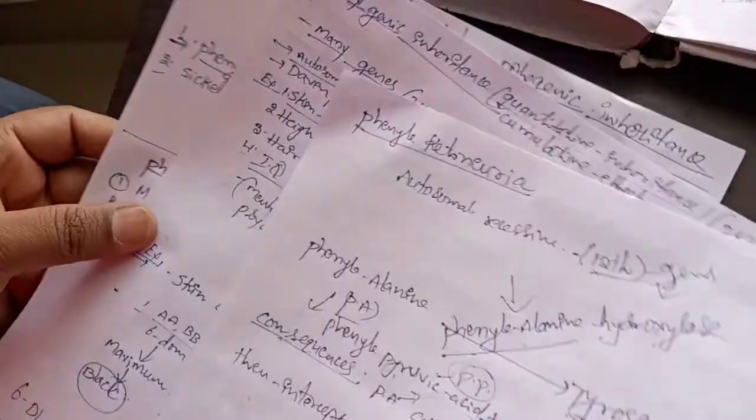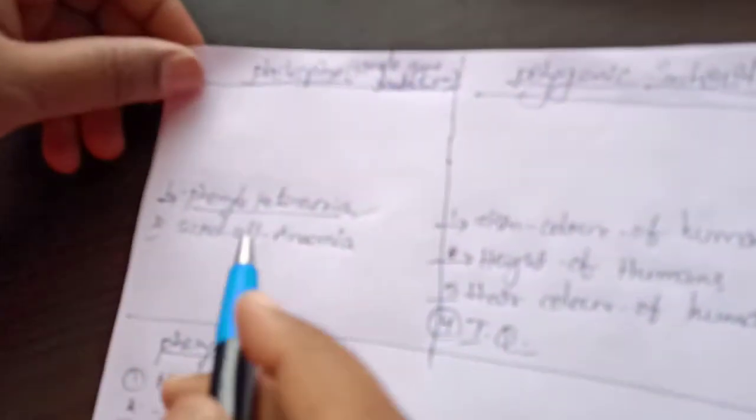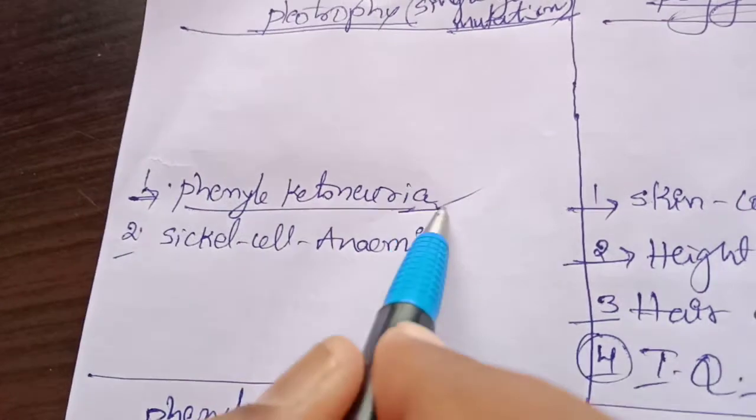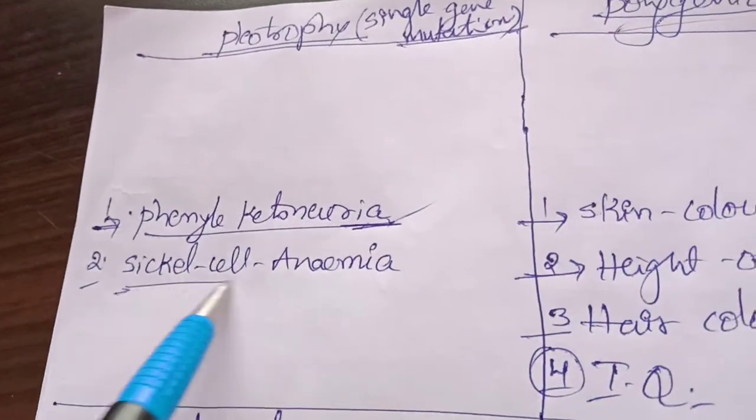First we will see pleiotropy. Pleiotropy is also called a single gene mutation. Examples are phenylketonuria, which we already completed, and sickle cell anemia.